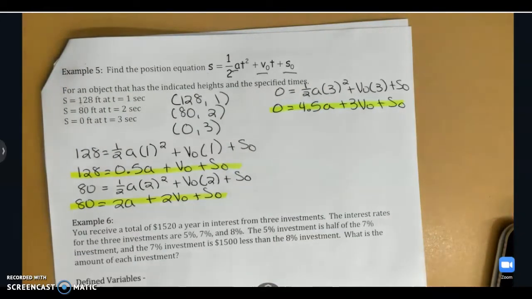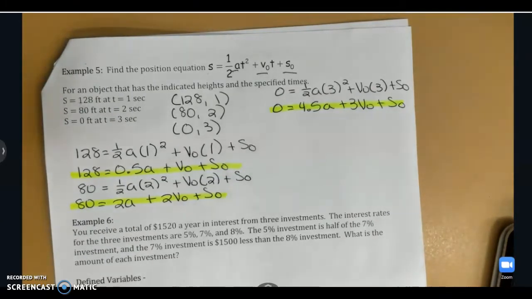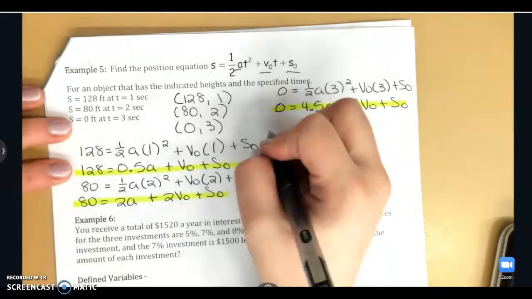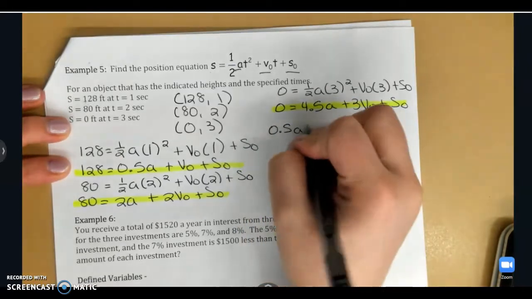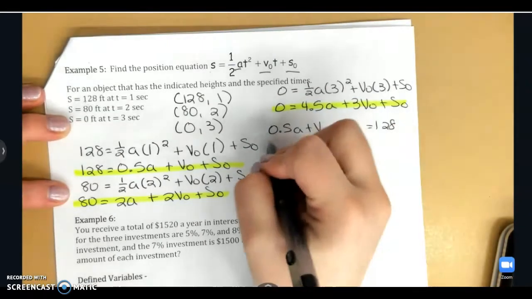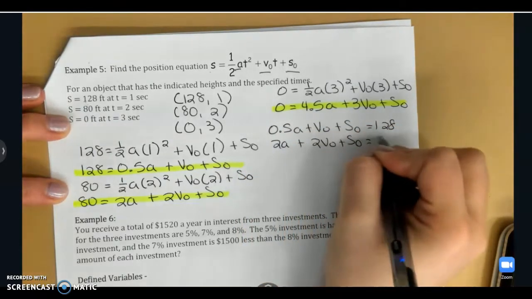Now again, when we're writing our matrix, we want all of our constants on the right and all of our variables on the left. So let's rewrite these in that form just so we can keep it clear when we're filling out our matrix. I am just swapping where the equal sign is.